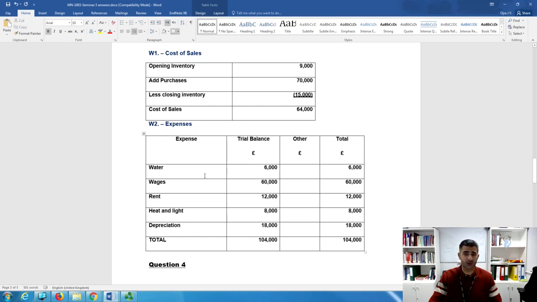And when we analyzed it, we included all the expenses in the question, including, if you remember, water, wages, rent, heat and light, and depreciation. So 5 expenses are available in the question here. If you add them all up together, that's 104,000 pounds.